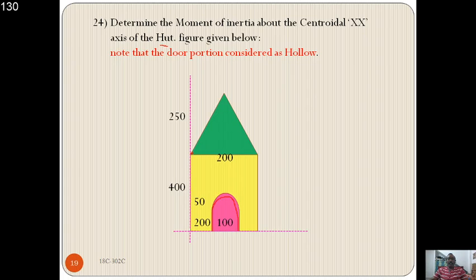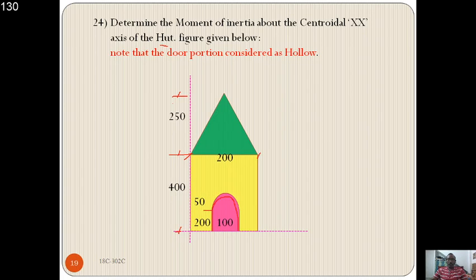The dimensions given for the width of the hut is 200 mm, and the roof of the hut is 250 mm height. So from this point to this point is 250, and from this point it is 400.